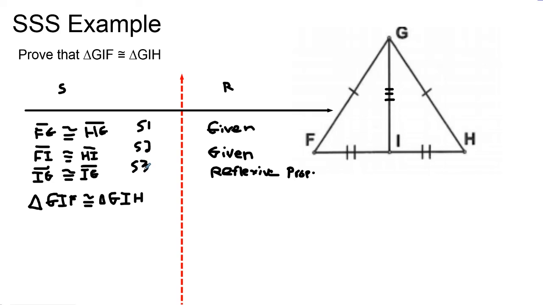Because I have done this as three S's, I can write SSS as the reason they are congruent. And that's it. That's my proof. It's four lines: side one is congruent, sides two are congruent, and sides three are congruent. Therefore, by SSS, triangle GIF must be congruent to triangle GIH. That's it for SSS. See you in the next video.